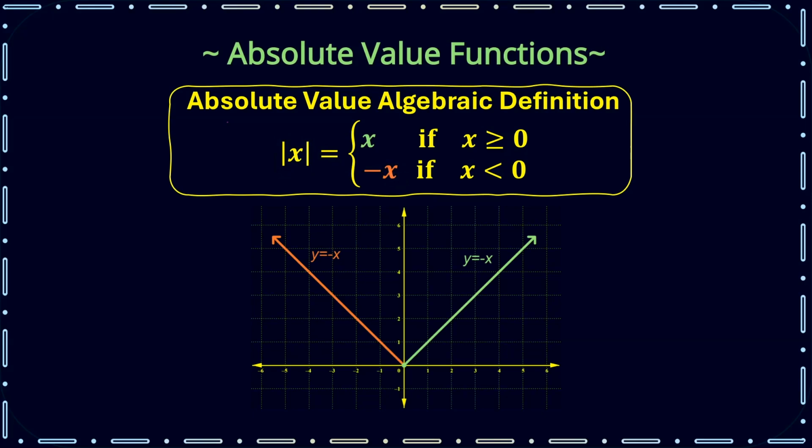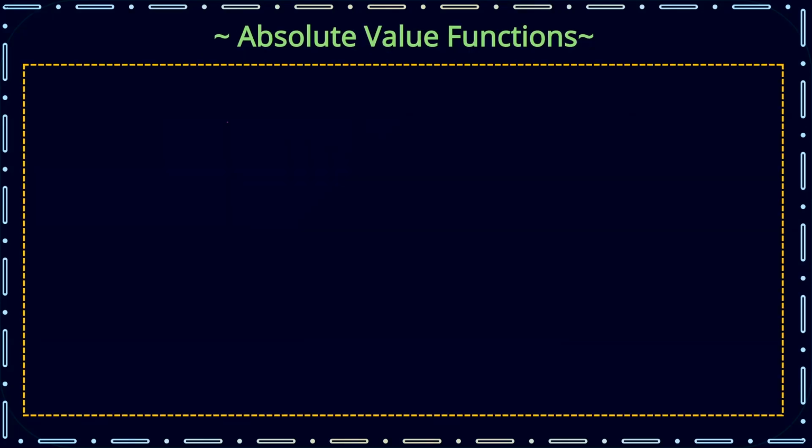x. Let me try to explain this piecewise definition because some students are confused by this negative. They think to themselves, absolute value can give you a negative, so why should there be a negative? Let's look at the cases. For x positive, say x equal to 5, we're going to get absolute value of 5 equal to 5.